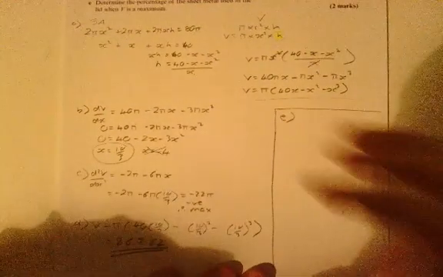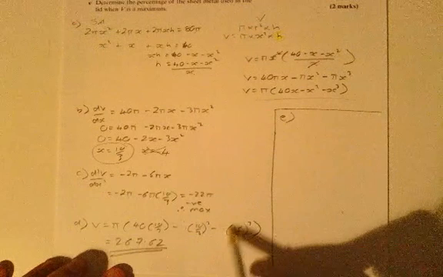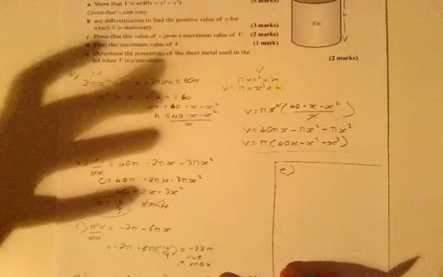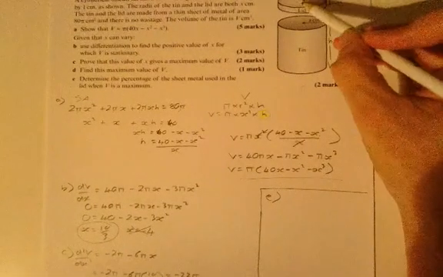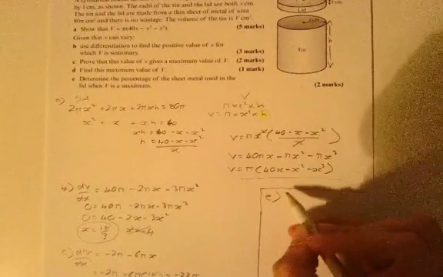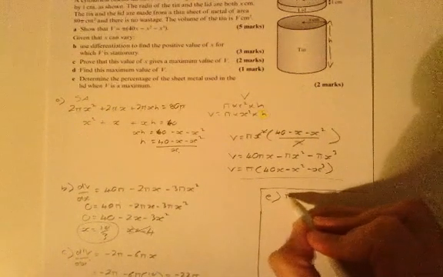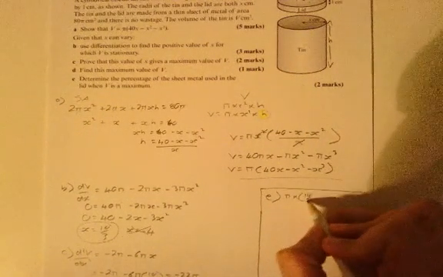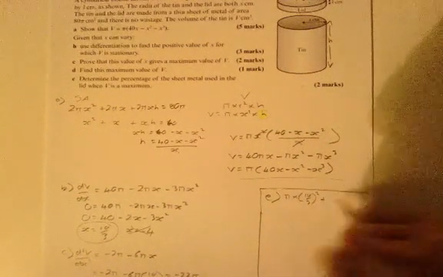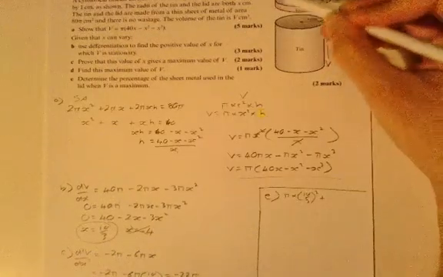And then part E, I'm going to have to do this here. Determine the percentage of the sheet metal used in the lid when V is a maximum. So what that means is we're again going to use the x as 10 over 3. But we're going to think about our formula up here. What within that formula represented the lid? Okay, so remember that the lid has one circle on it, which is going to be pi r squared.